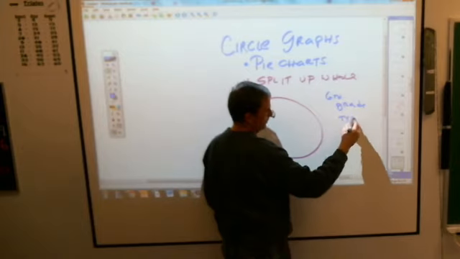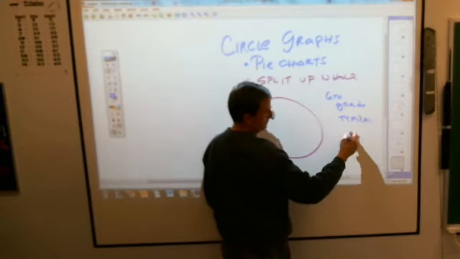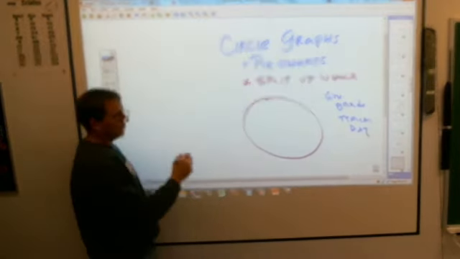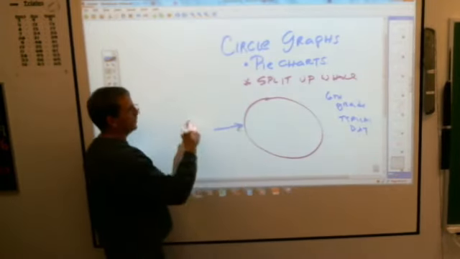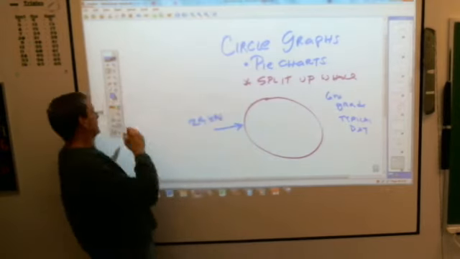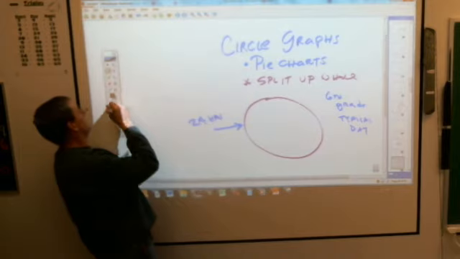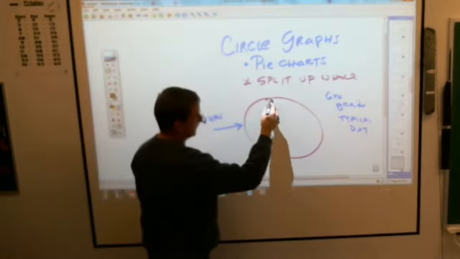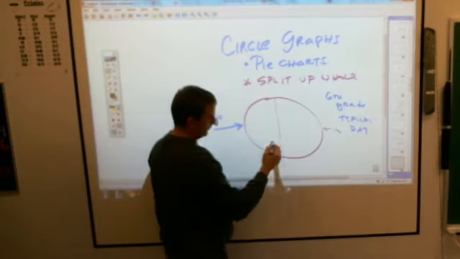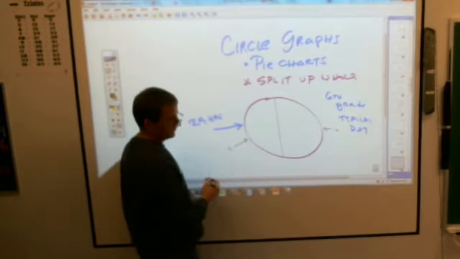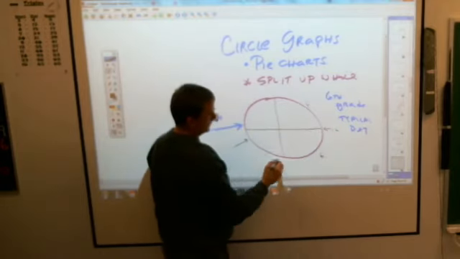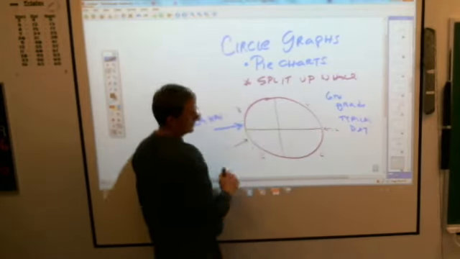This whole pie chart would stand for 24 hours. If I split it in half, one half would be 12 hours, and the other half would be 12 hours, but you probably want to make it a little bit smaller. I could cut the 12s in half, and each part would be worth 6 hours.